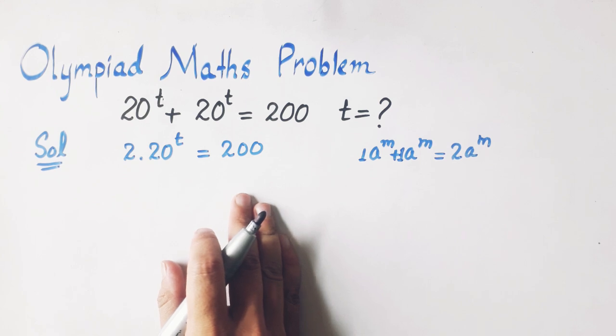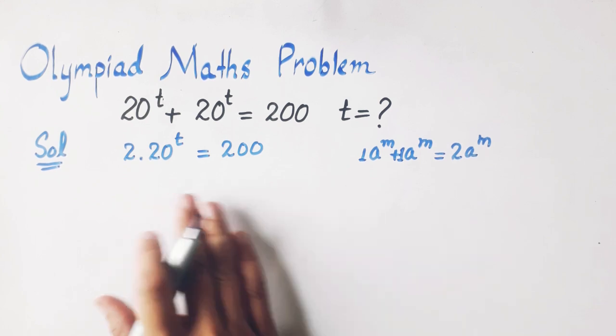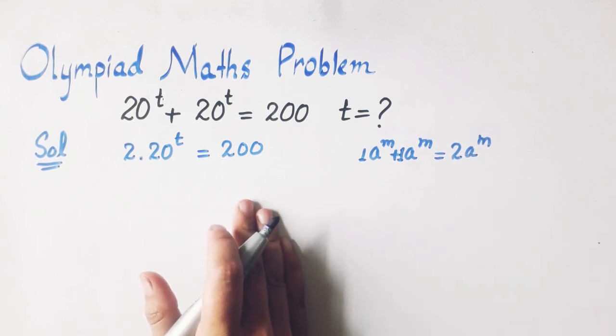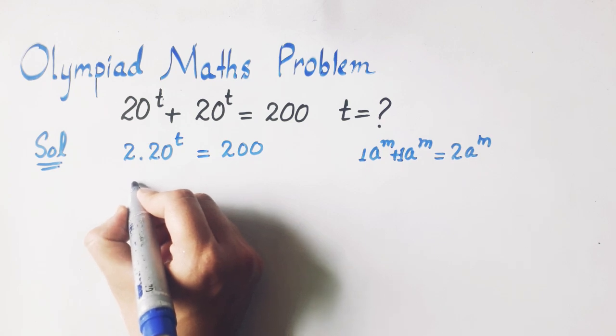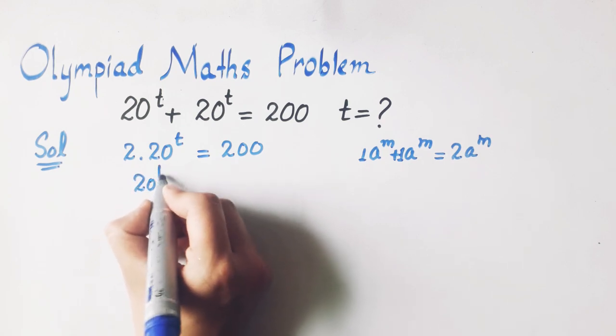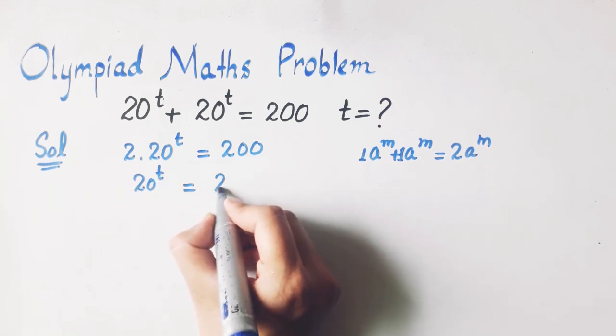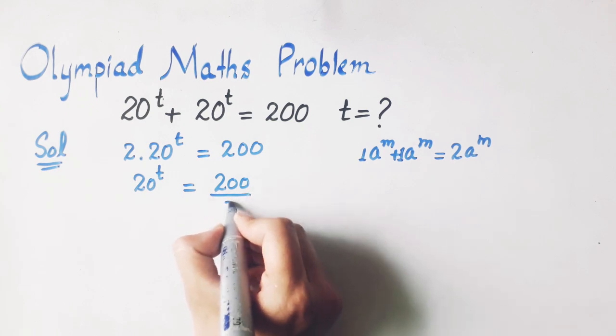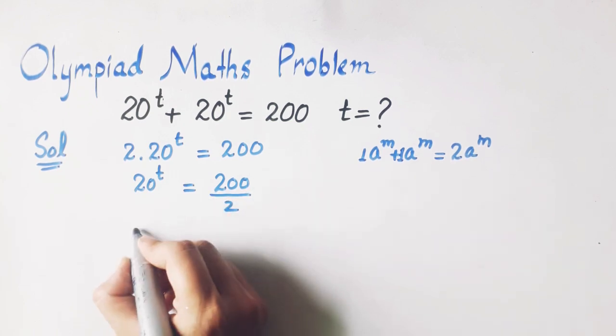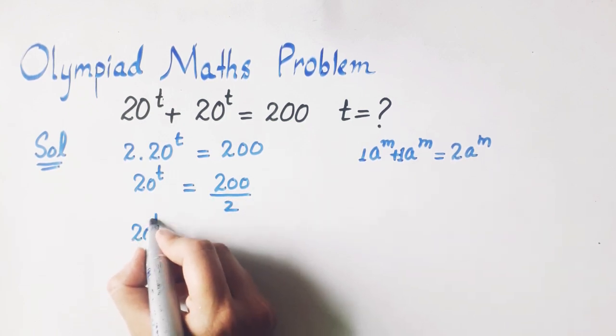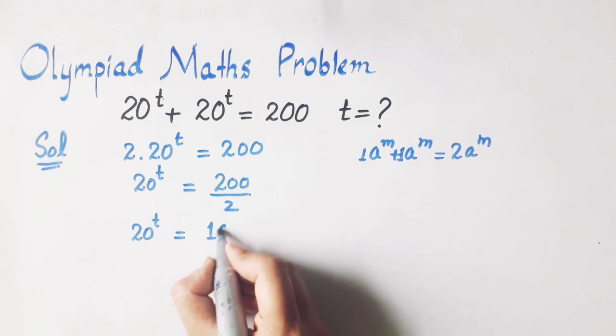Now you can see 2 is multiplied here, it will be divided, so we get 20 raised to power t equals 200 divided by 2. So we have 20 raised to power t equals 100.